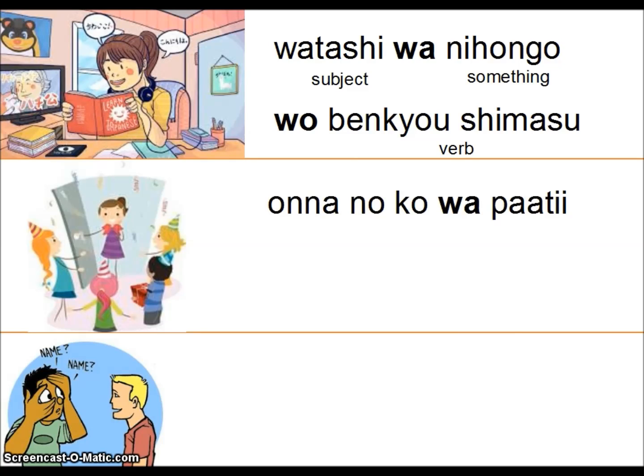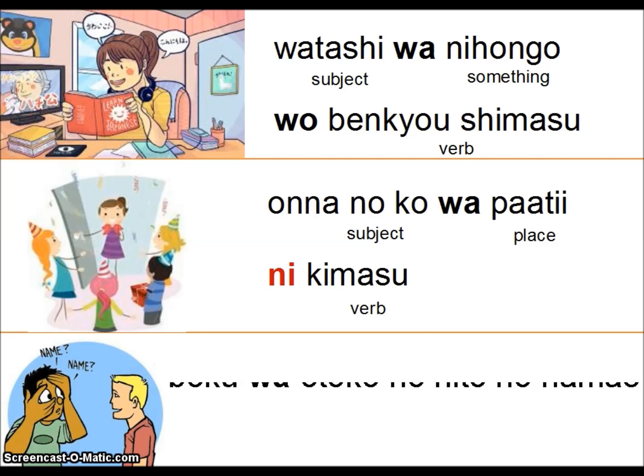This one's a little bit different. 女の子はパーティーに来ます. Because remember, if we have a movement verb like 行く or 来る to go or to come, then we have to use ni. Subject は place ni verb.